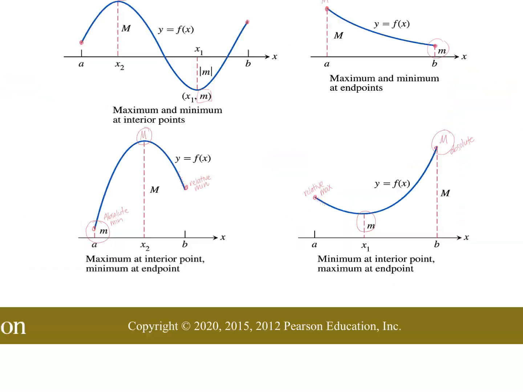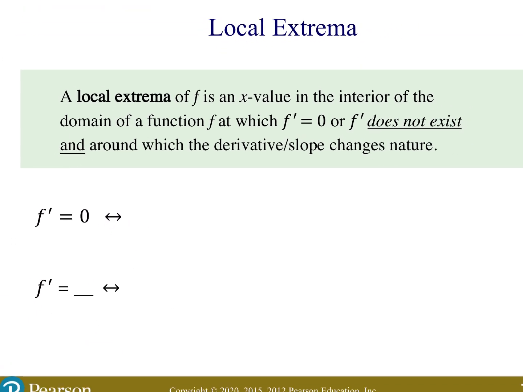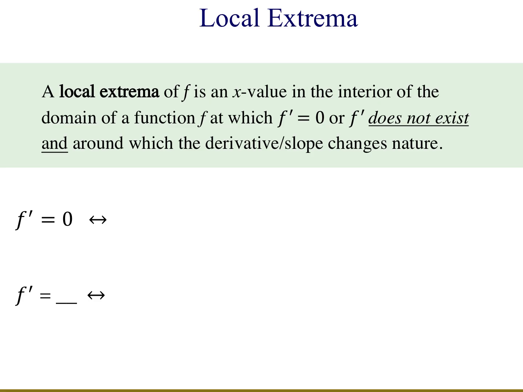Okay. All right. How do you tell then without the advantage of looking at a graph? Well, the thing that all of those maxes and mins have in common is they all have a horizontal tangent.